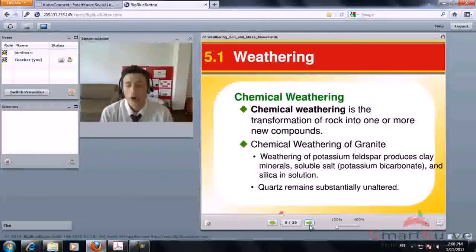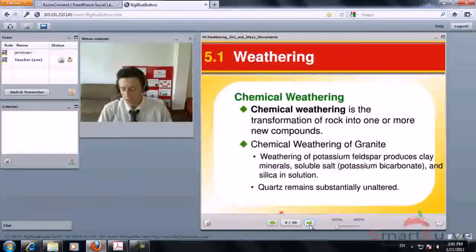There underneath, the weathering of potassium feldspar produces clay minerals, soluble salt like potassium bicarbonate, and silica in solution. The quartz remains unaltered. That means unchanged.